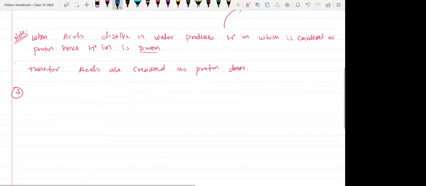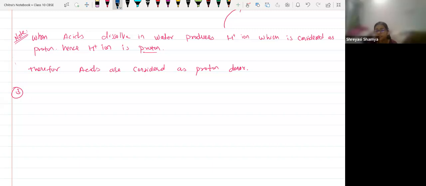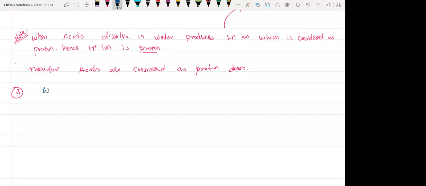Next, third point: the litmus test. You know litmus paper, right? Acid turns blue litmus paper to red.